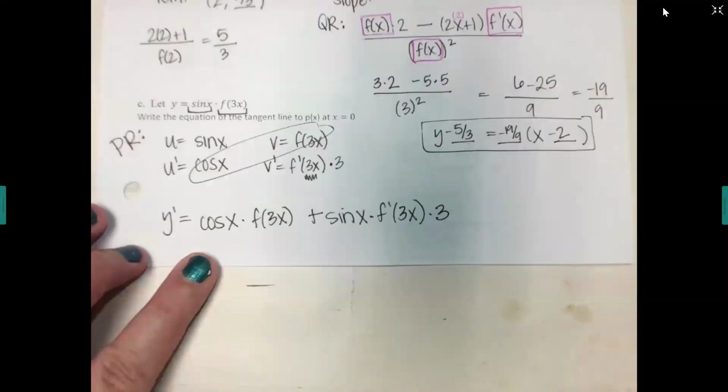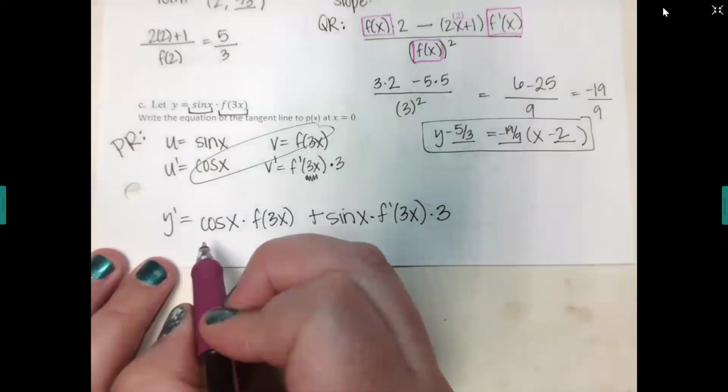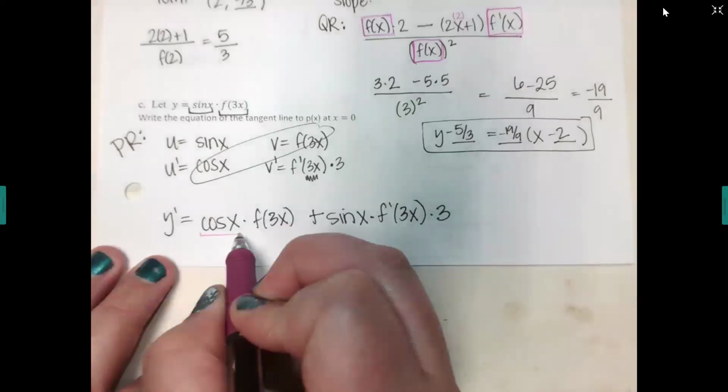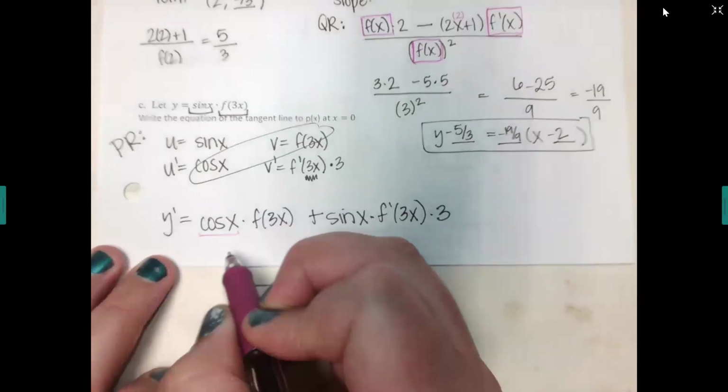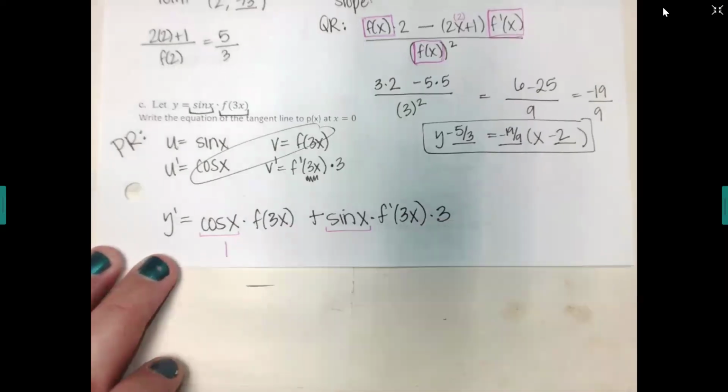Okay, and then remember, when you plug in your 0, sine and cosine, you can hand trig those, but f and f prime, you'll have to pull from the chart. So let's start with cosine 0. What's the cosine of 0? 1. What's the sine of 0? 0. Good.